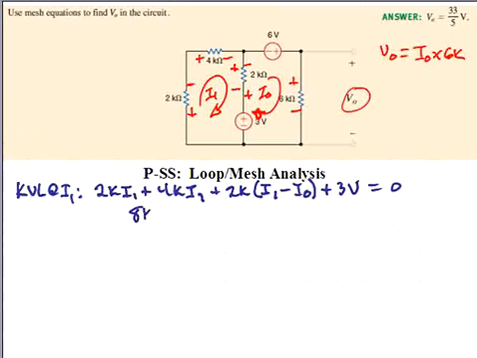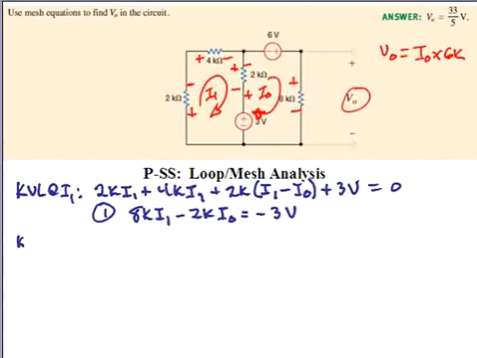Rearranging, we have 8K I1 minus 2K I sub O is equal to minus 3 volts. We'll call that our first mesh equation.